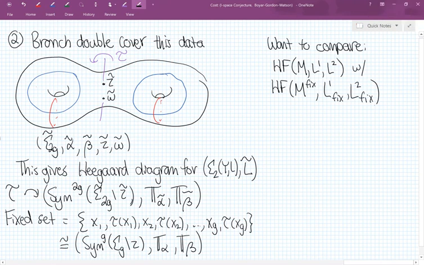And you can check that tau acts symplectically and that the resulting fixed point sets are still Lagrangian, so all the symplectic structure is being preserved.